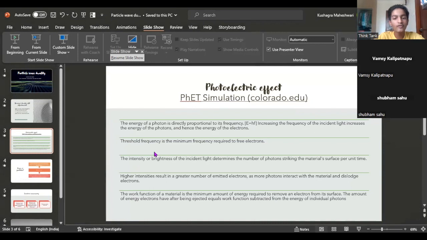The energy of a photon is directly proportional to its frequency. This is Planck's formula: energy equals Planck's constant times frequency. And then there's intensity. The intensity of a light determines the number of photons it has. Makes sense? Yeah.